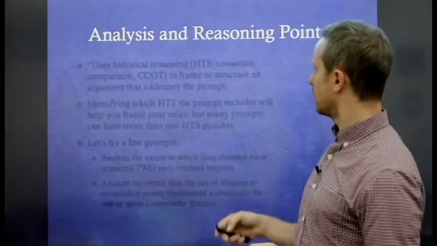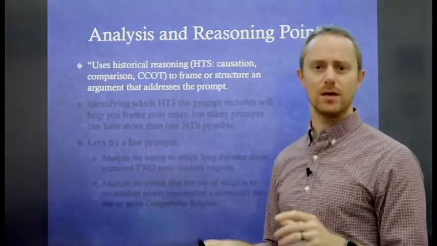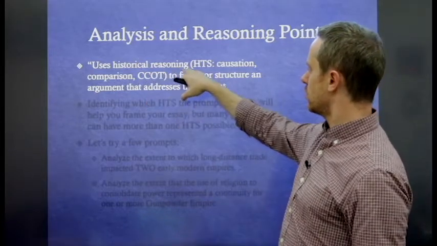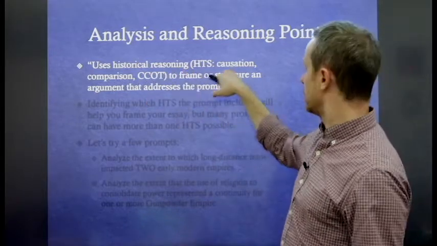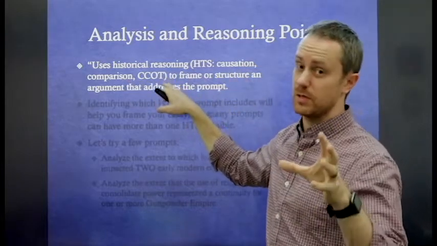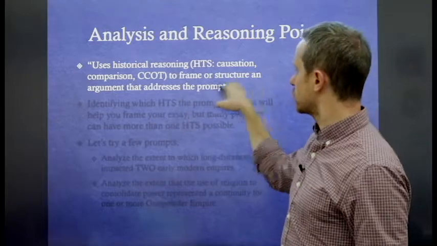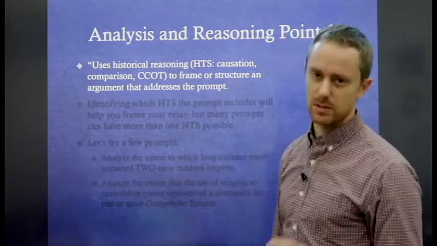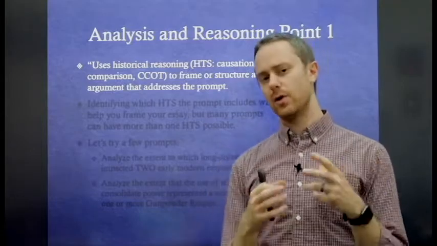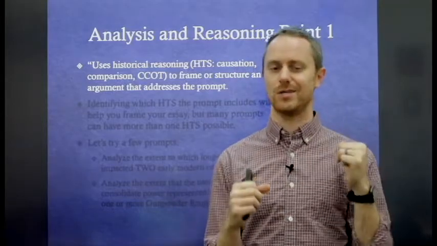Okay. So here's what it says in the rubric. It says, Analysis and Reasoning 1: uses historical reasoning skills, right? Causation, comparison, CCOT. Watch those videos. I have separate videos on each of those. To frame or structure an argument that addresses the prompt. So in our video on thesis, we already wrote a thesis that addresses the prompt.